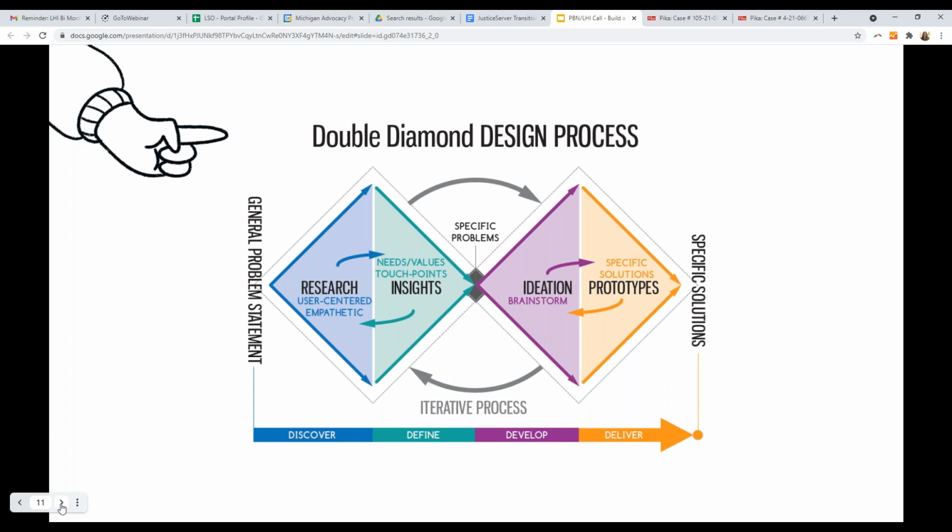Diverging again for ideation, really thinking, now that we have this research that can guide our solutions, what are the ways that we might approach building a solution? And I think oftentimes what you'll see is that maybe your initial hypothesis of what you might design really changes or shifts in some way based on the user research that you've uncovered from that previous section.